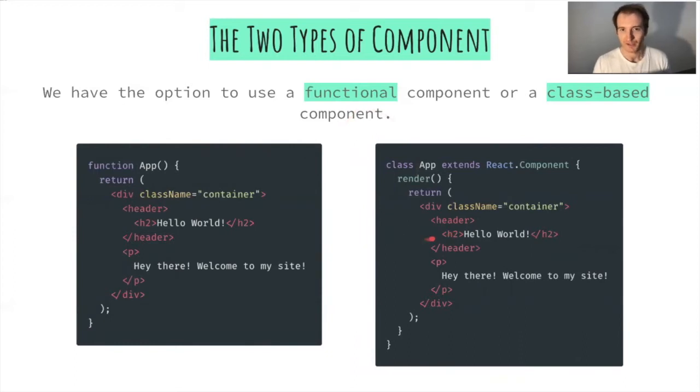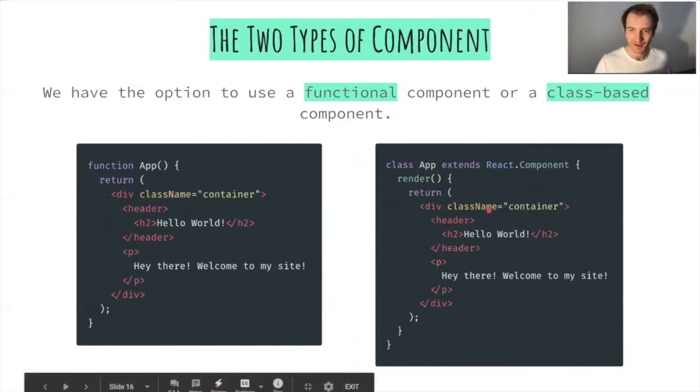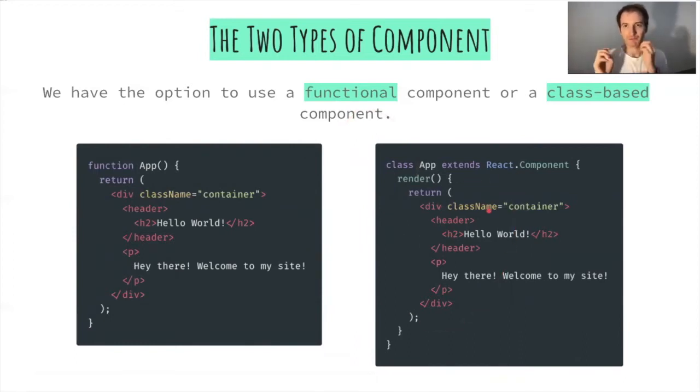So this whole block of JSX is going to get reinterpreted by React if something in this component changed. And that also goes for the functional components. But the difference with the functional components is that everything inside of the return method gets re-rendered every time something changes.